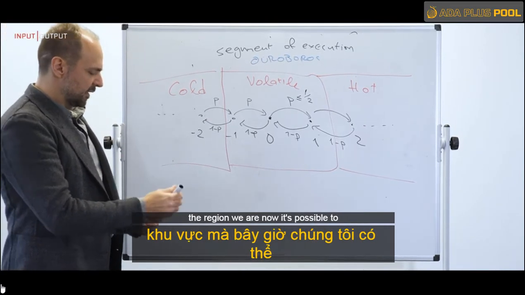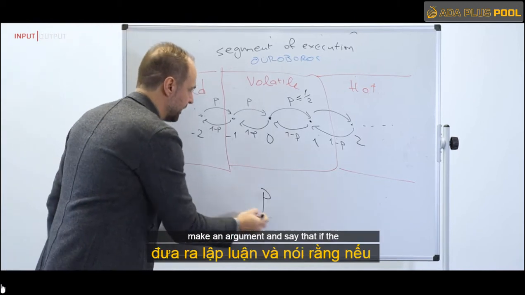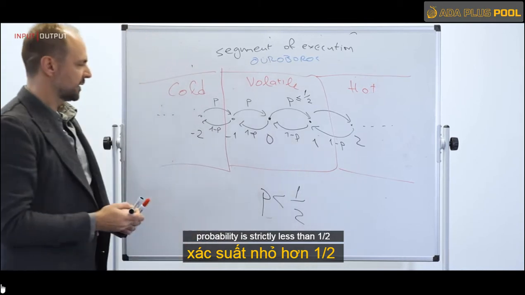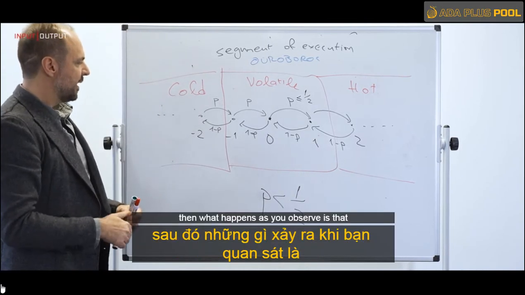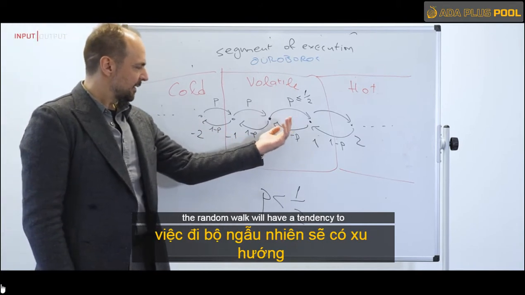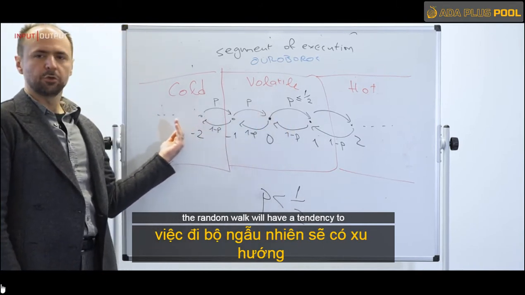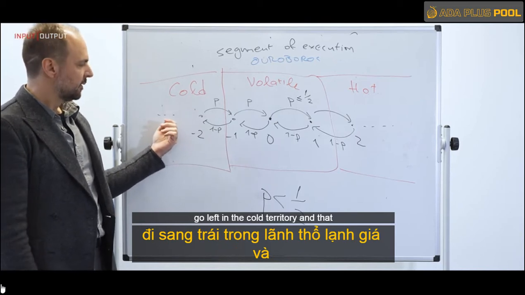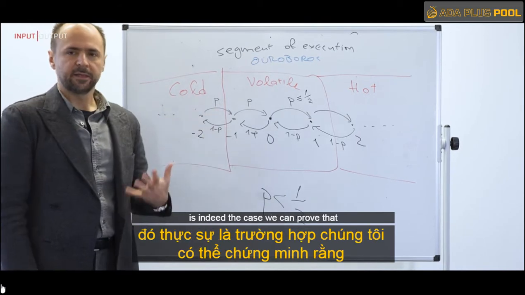Now, it's possible to make an argument and say that if the probability is strictly less than 1/2, then what happens, as you observe, is that the random walk will have a tendency to go left into the cold territory. And that is indeed the case.